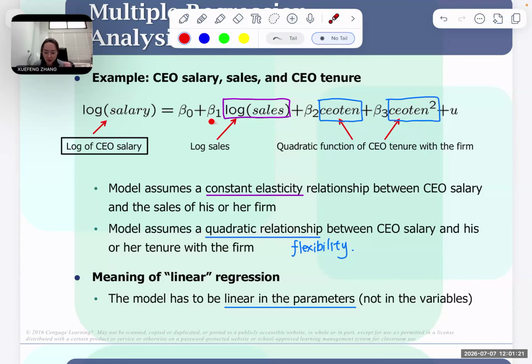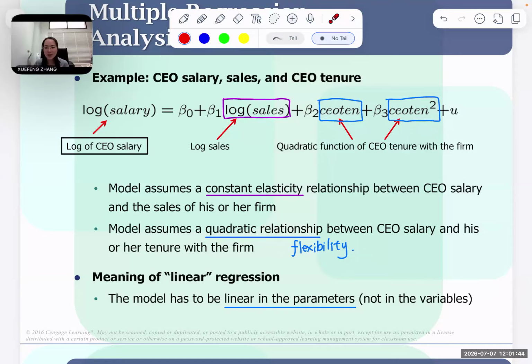We don't have beta 1 inside a log. We don't have beta 1 over beta 2. As long as the betas enter in this simple additive way, we call it a linear model, no matter how twisted the X's themselves are. This is a very important distinction.